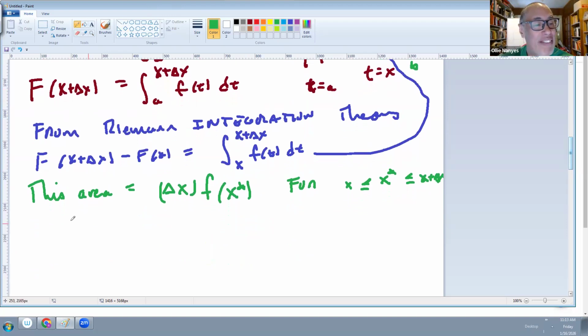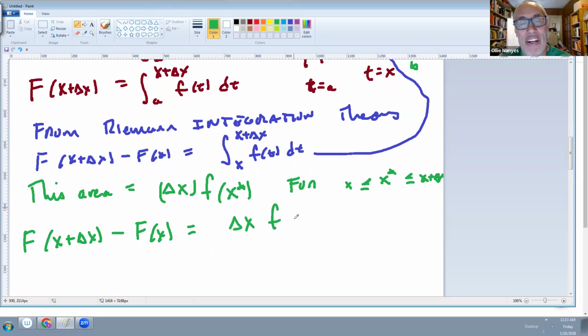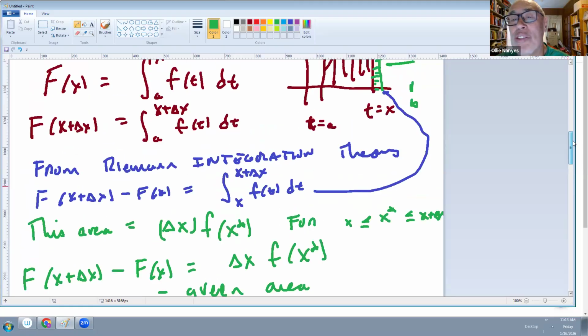So what we have is F of x plus delta x minus F of x, and that's going to equal delta x times f of x star. And both of these sides are equal to the green area that I showed up above. Both sides are equal to the same thing.